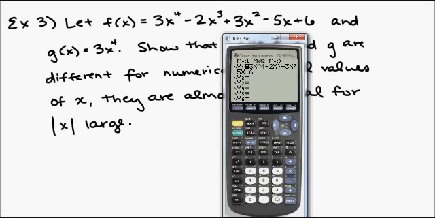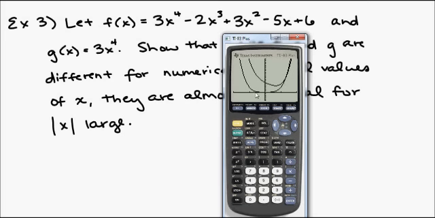And g of x, we'll put that in at y2, we have 3x to the 4th. Our window for this, we'll look at a small window first, because we're looking at small values first. Negative 2 by 2 for x's, and negative 5 by 20 for our y's.